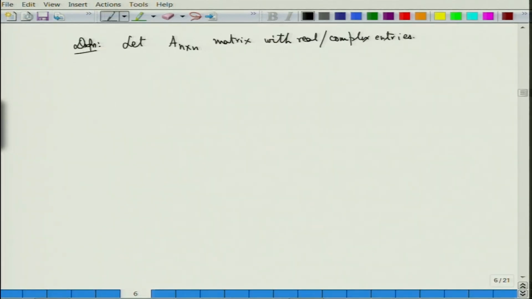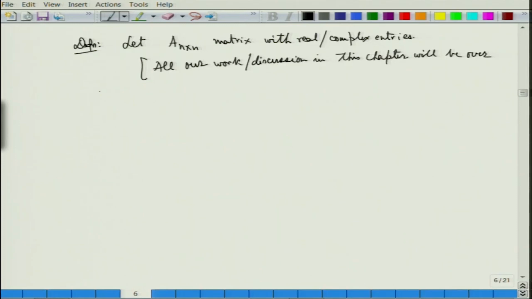I would like you to emphasize one thing here, that all our work or discussion in this chapter will be over the vector space Cn over C. Fine. We are not going to look at Rn over R because there will be a lot of problems that will come into play. The theory has to change.